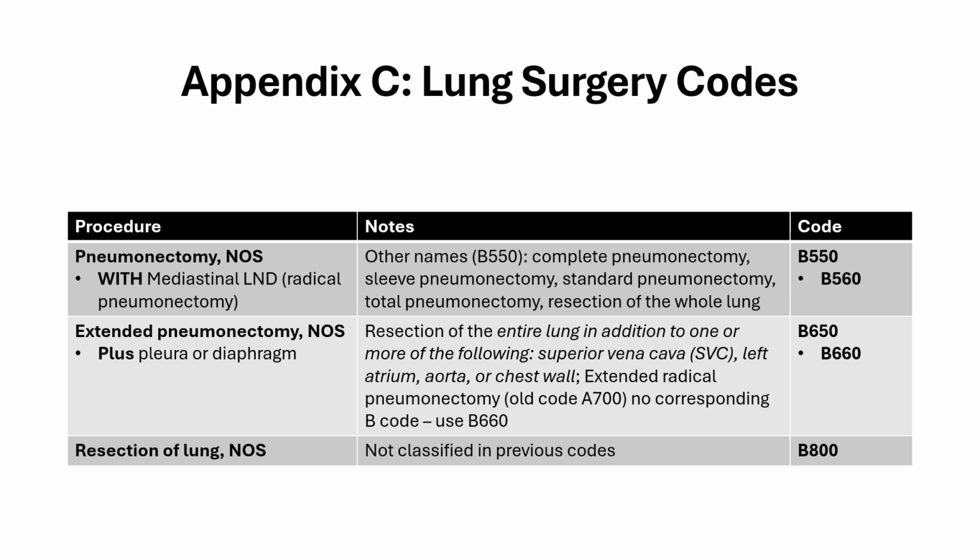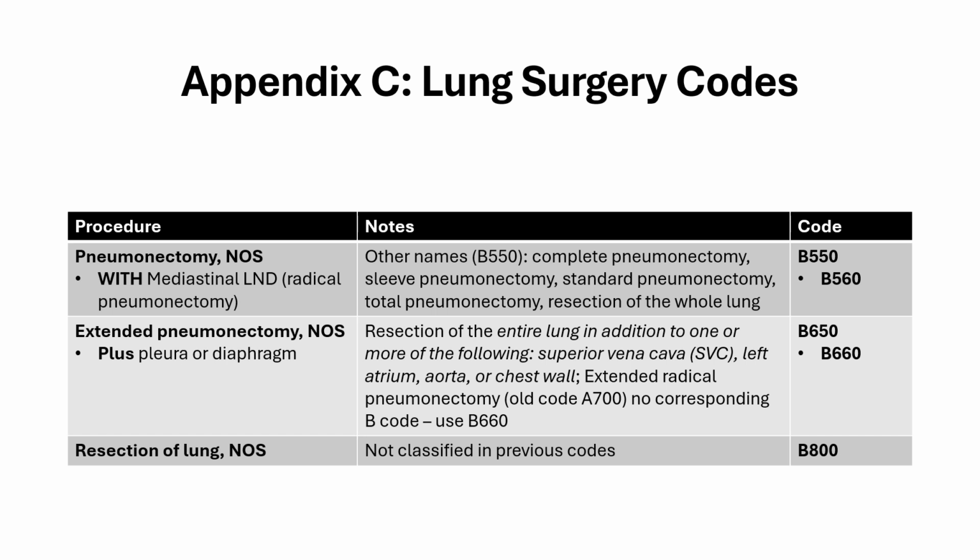If you have an extended pneumonectomy NOS, that's B650, and this is a resection of the entire lung in addition to one or more of the following, either superior vena cava, left atrium, aorta, or chest wall.